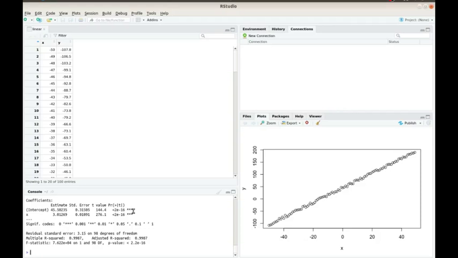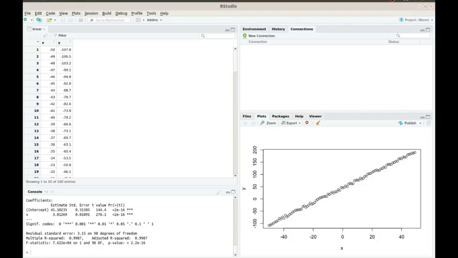If there were only 2 dots here, it would be 0.001, 1 dot 0.1, a period 0.05, and a 1 is 0.1. So as you can see here, unlike in part 1 with the full randomness, the significance code is very significant. It's basically saying it's 100%.